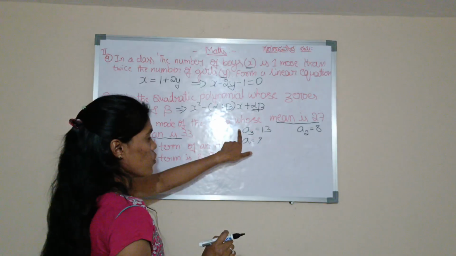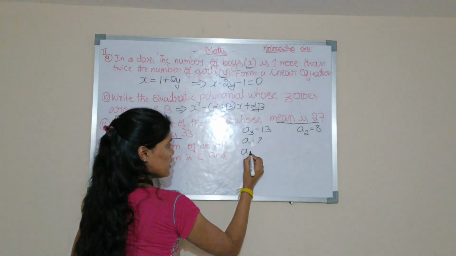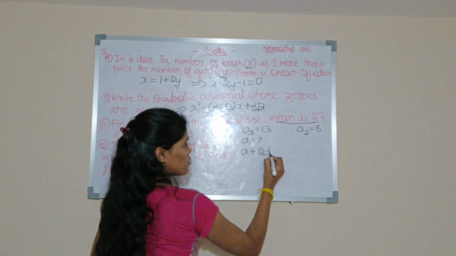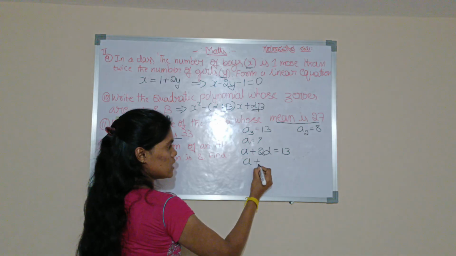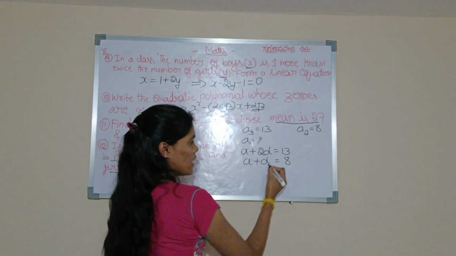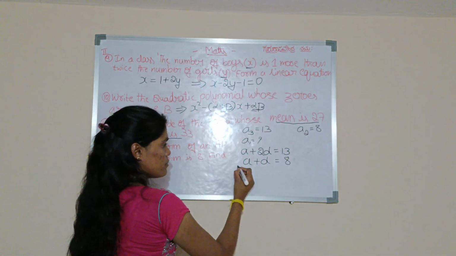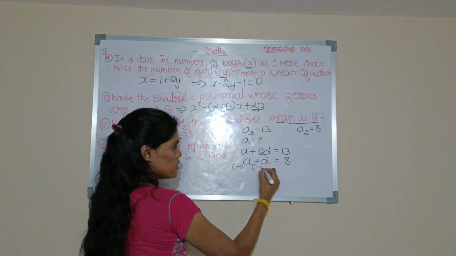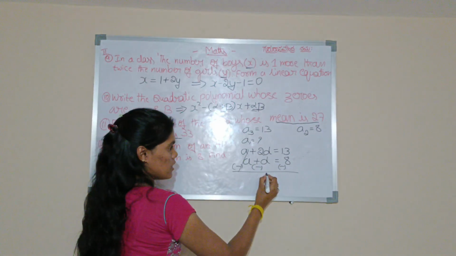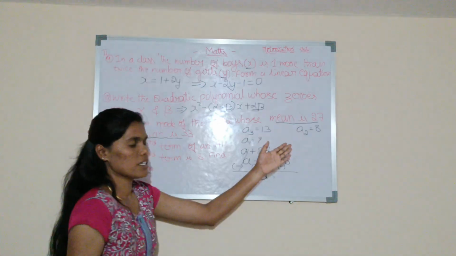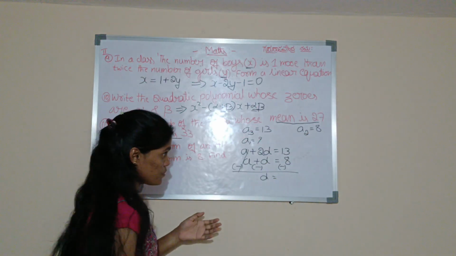Now, how can we write? A plus 2D is equal to 13. A2, how can we write? A plus D is equal to 8. Then you can go with elimination. Change the sign, then A gets cancelled. D is equal to 13 minus 8, that is 5.